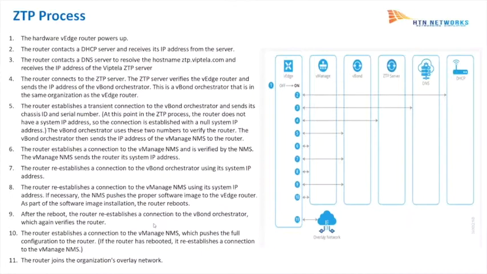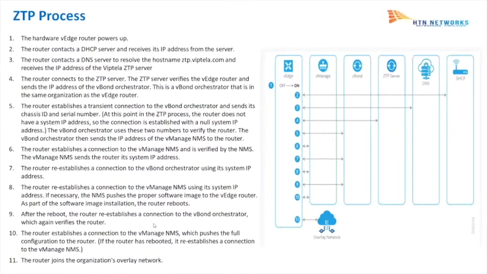The hardware router powers up. The router contacts a DHCP server because the WAN port on this router is by factory default configured for DHCP. So when you connect it in your network, the DHCP server in your network assigns an IP address to the router. Once it gets the IP address, it starts communicating over the network.